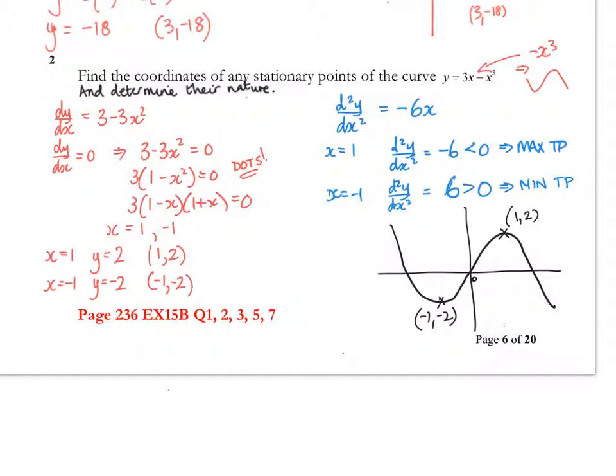Questions that I'd like you to do then: the next exercise is on the next page, and you'll see questions 1, 2, 3, 5 and 7. Again, if you pause the video, have a go at these questions.